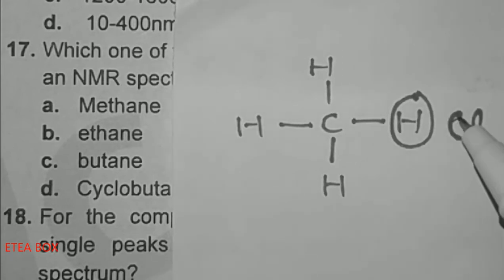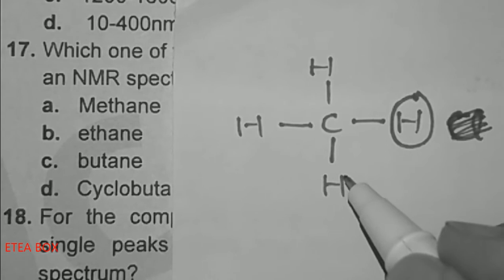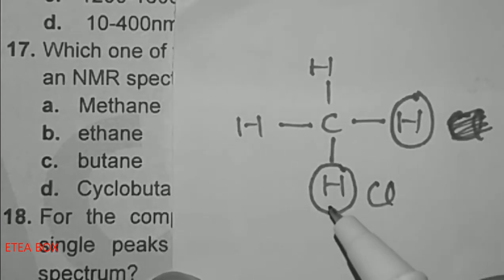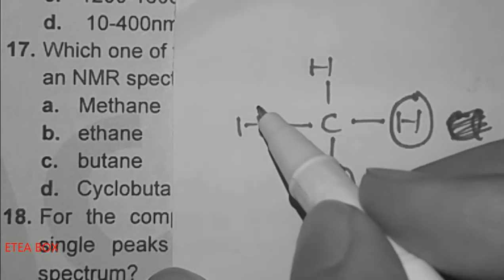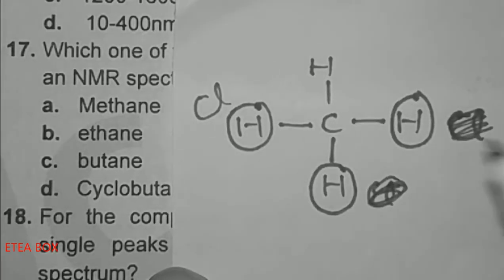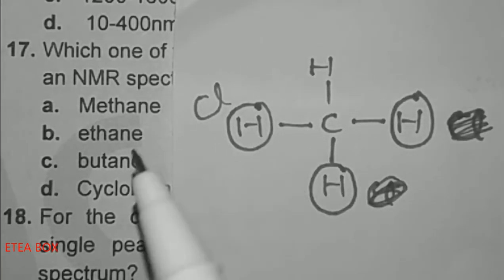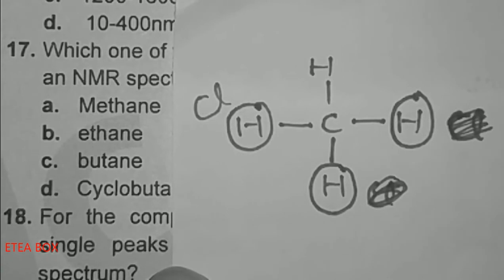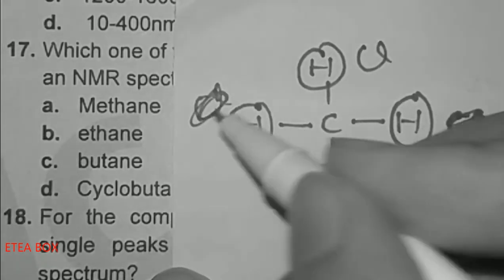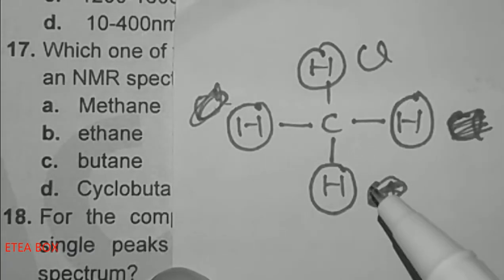Now instead of this one, let's suppose I replace this hydrogen with chlorine, it will also give chloromethane, the same as this one. If I replace another hydrogen with chlorine, again I get chloromethane as the name, the same. Now if I replace this one, again this compound will give chloromethane.